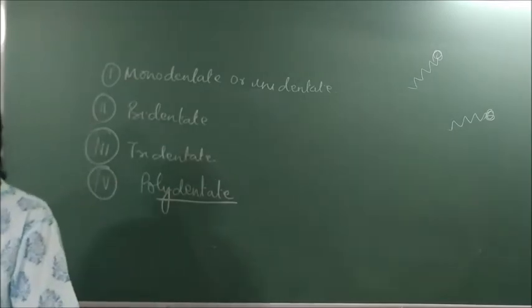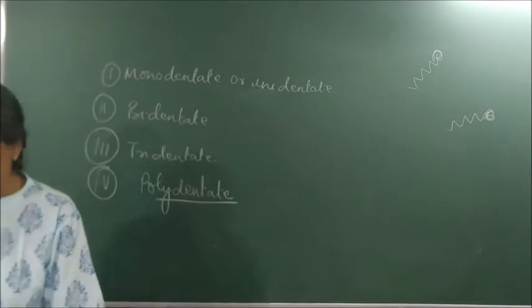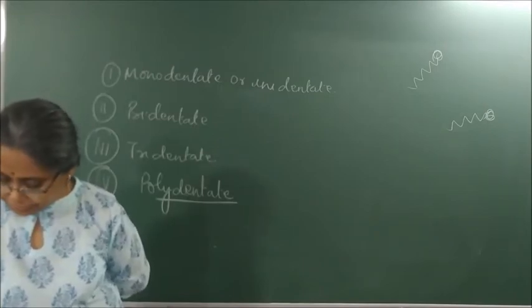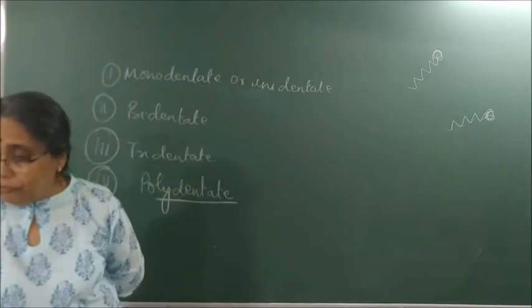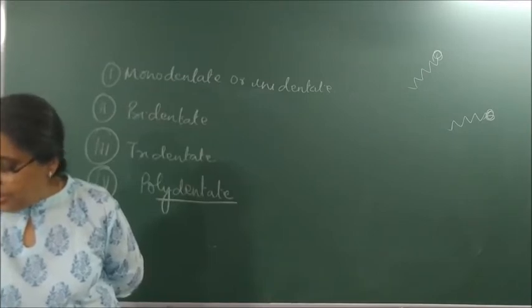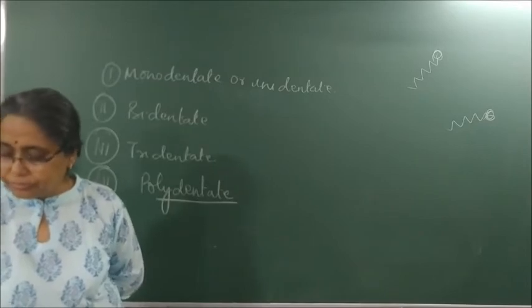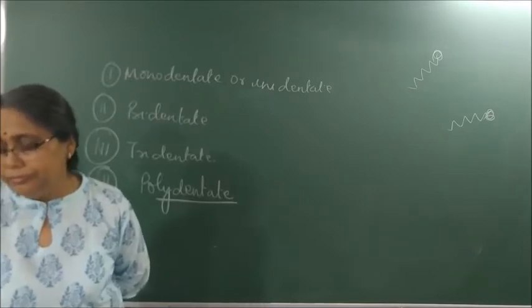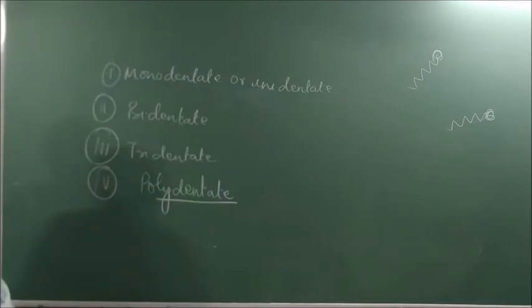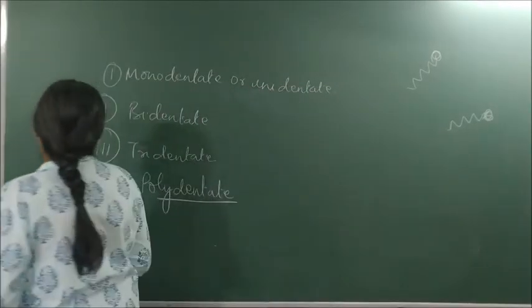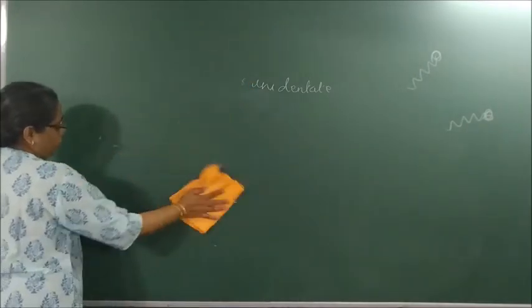Unidentate or monodentate ligands. These are ligands which can donate only one pair of electrons to the central metal atom or ion in a coordination compound.